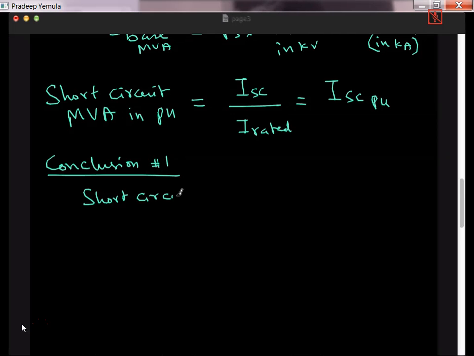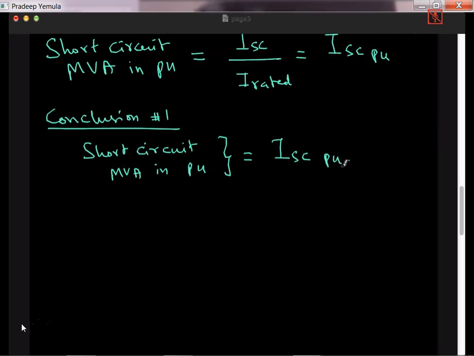Short circuit MVA in per unit is nothing but short circuit current in per unit. So if my short circuit current is 3 per unit, that means the MVA rating will be 3 per unit MVA rating.